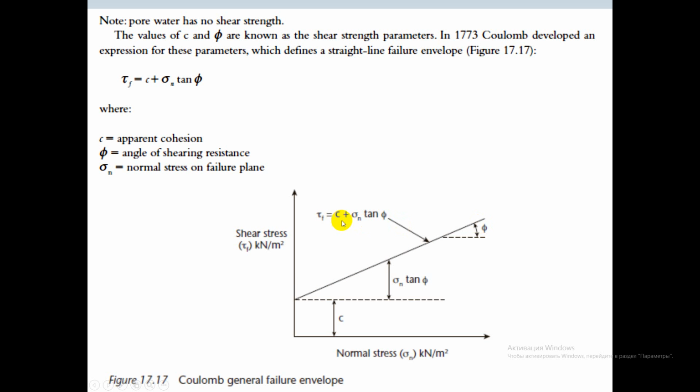Where c is apparent cohesion, phi is the angle of shearing resistance, and sigma is the normal stress on the failure plane. Here you can see a diagram of normal stress against shear stress, from the Coulomb general failure envelope.